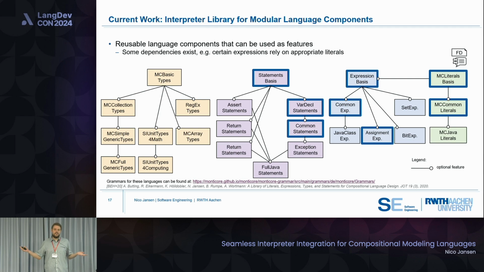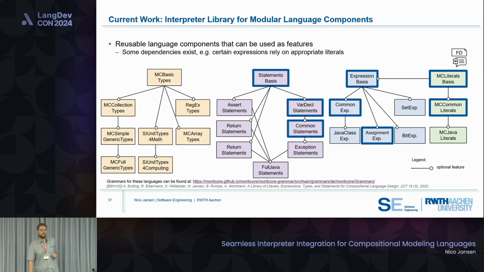However, of course, there is more work to do. Currently we are working on extending the library such that for all the language component libraries we also have an interpreter which we can directly provide within this library.